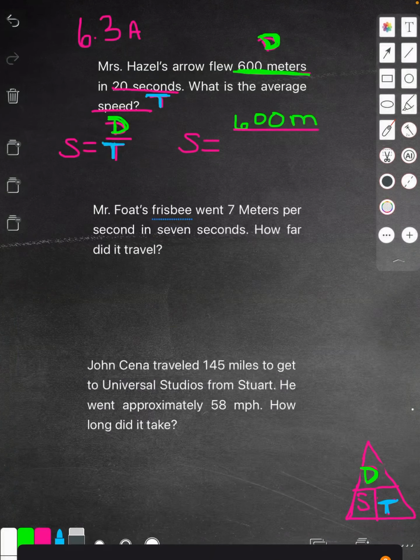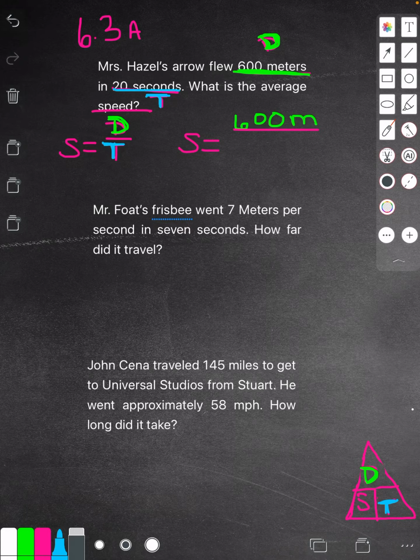What is time? 20 seconds. All right. Now, what do I need to do? It is written like a fraction, which means we are dividing. The numerator, 600, is larger than the denominator, 20, so we are dividing.